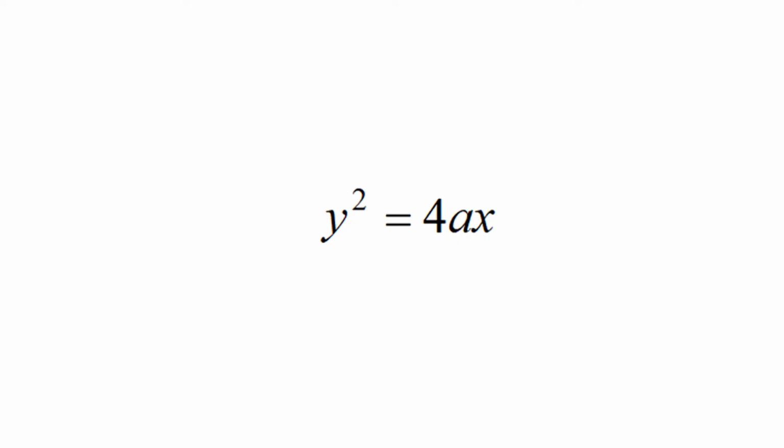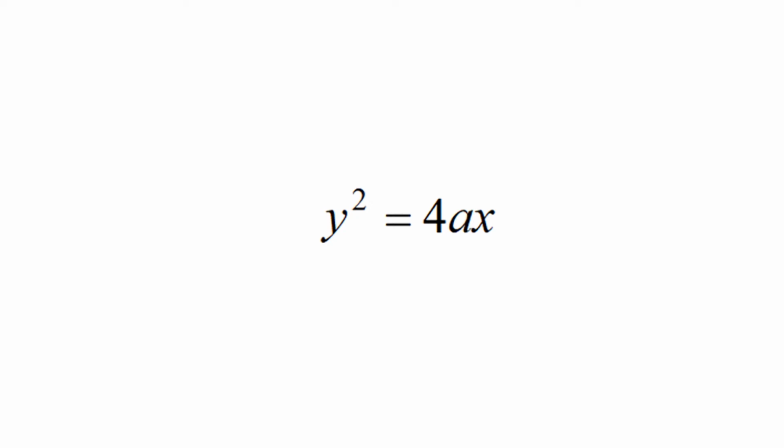We now consider an example discussing the way of obtaining parametrization of a given Cartesian equation where y is not given directly in terms of x. Let us parameterize the parabola y² = 4ax.